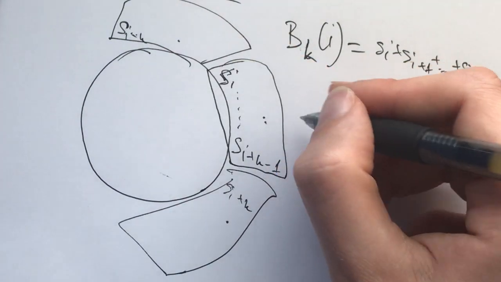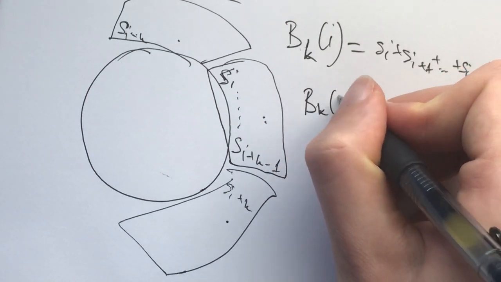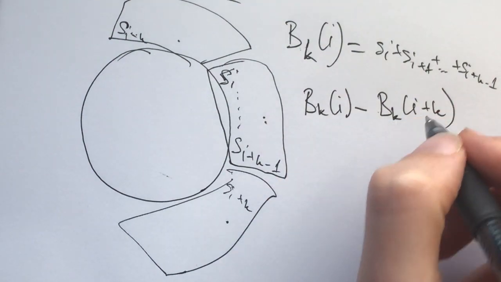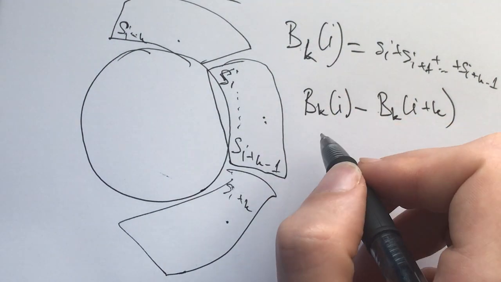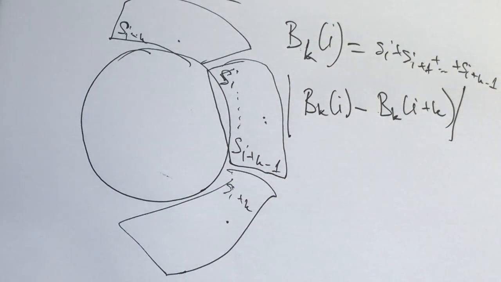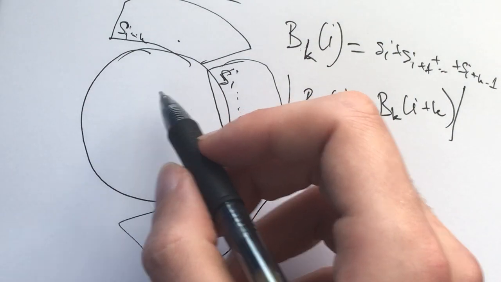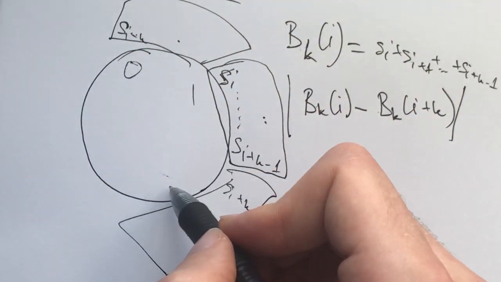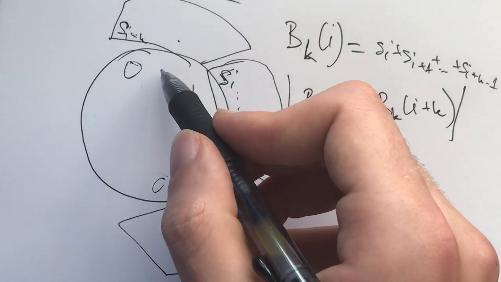And the thing is that b_k(i) minus b_k(i+k) changes by at most 2 at any point. The absolute value of this changes by at most 2. And it only changes by 2 when we have 0, 1, 0 or 1, 0, 1.